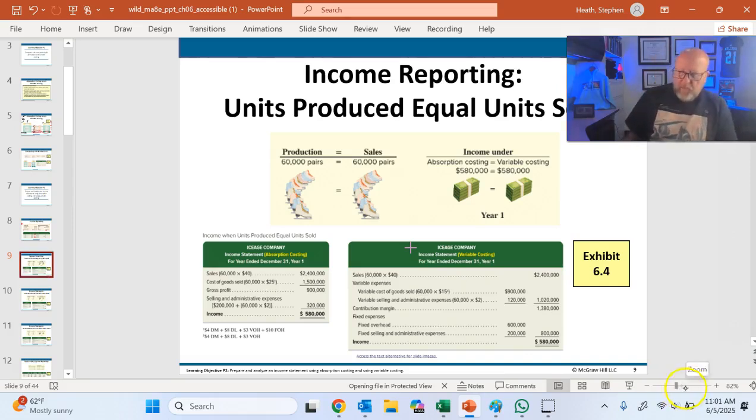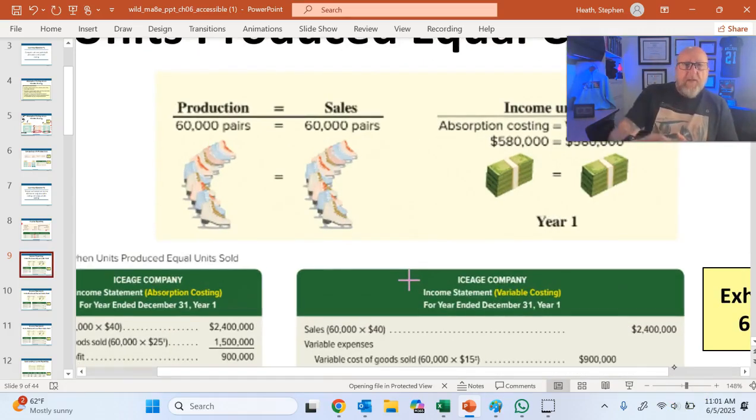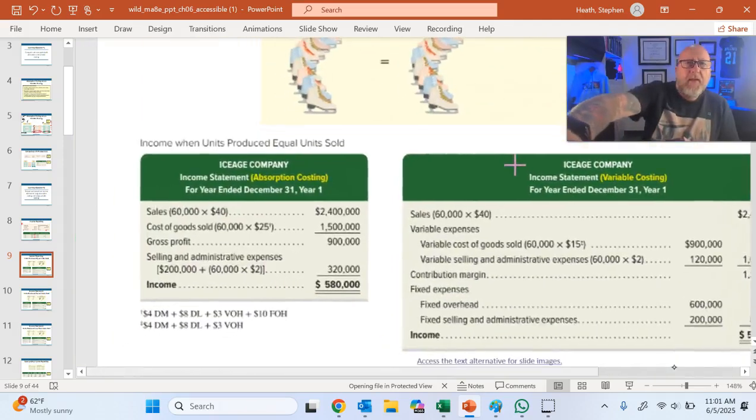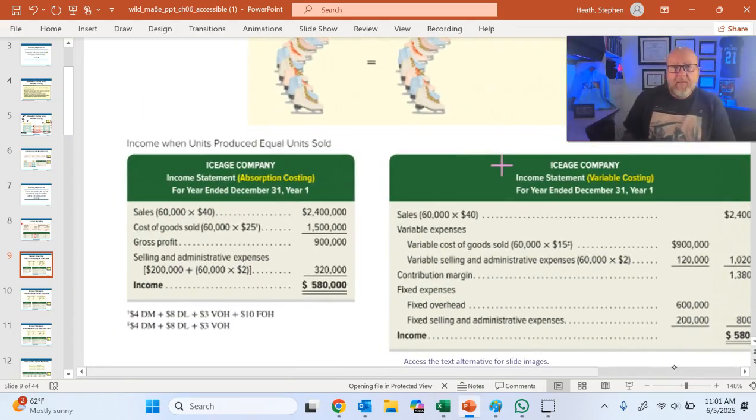And so I think I'm just going to blow this up for a second, if I can, and go through the income statement using absorption costing first, okay? So we're going to sell 60,000 units, and we said we would sell every unit for $40 apiece, and therefore $2,400,000 in revenue. Then we have cost of goods sold, and remember we said cost of goods sold is going to be all the variable costs of making the product and all the fixed costs of making the product.